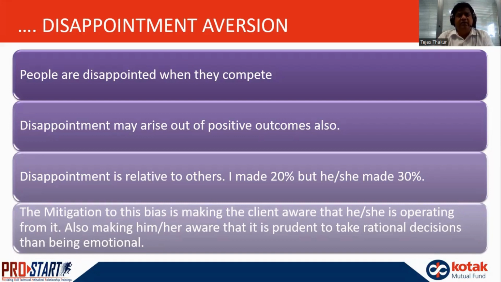You don't know what risk they took. And if you decided to take that risk, you may not be able to sleep well at night also. So don't look at what others are making. Look at what you have set as a target, as a benchmark. If you're able to cross that, that should be good enough.